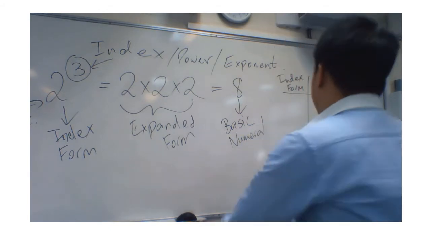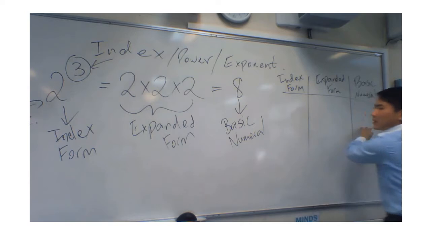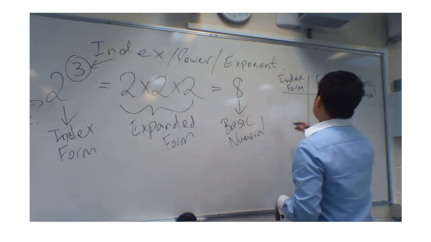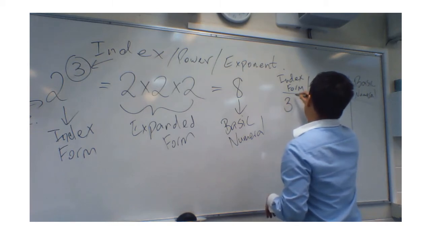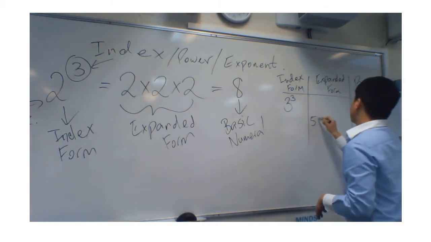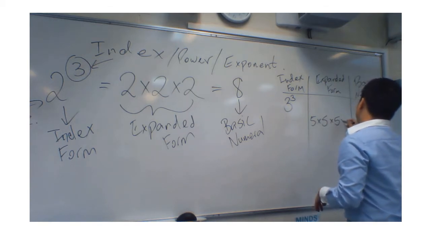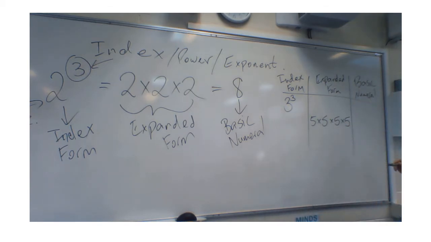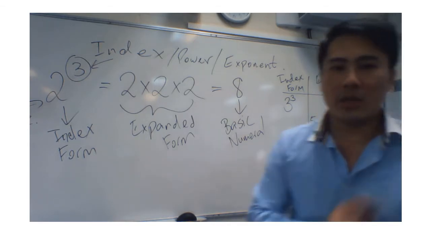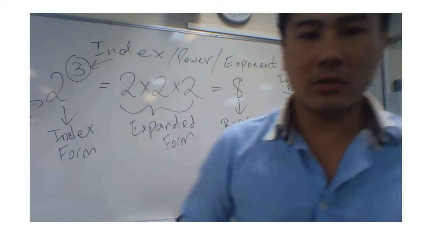So I'm just going to give you one of the 3, then you are going to fill out the rest for me. Alright? So let's have 3 to the power of 3. Okay? And then I'm going to have 5 times 5 times 5 times 5. Okay? Then I'm going to have 16. Okay? So you are going to try these 3 questions for me. Pause the video and have a go.